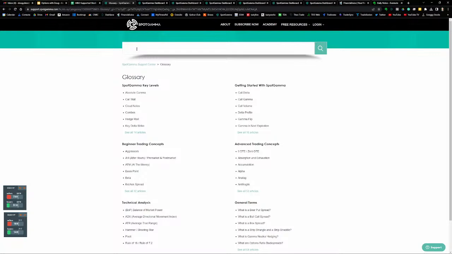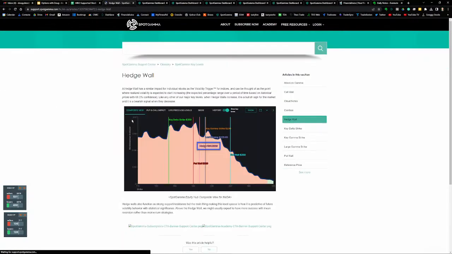So in the case of a single stock, market makers are always in a negative gamma position. That's the assumption. So a similar impact for individual stocks as the volatility trigger, it can be thought of as the point where realized volatility is expected to start increasing.